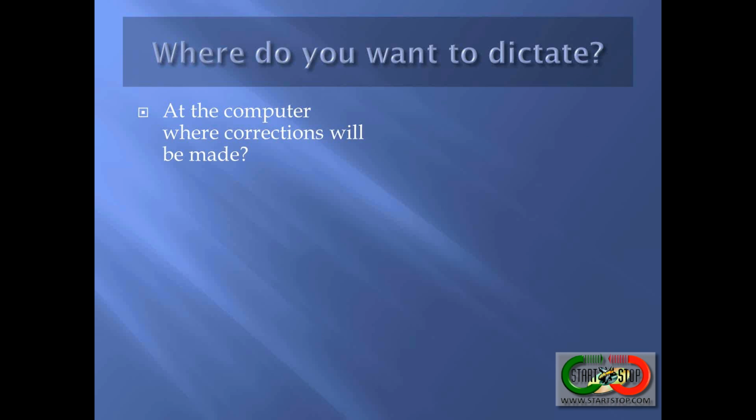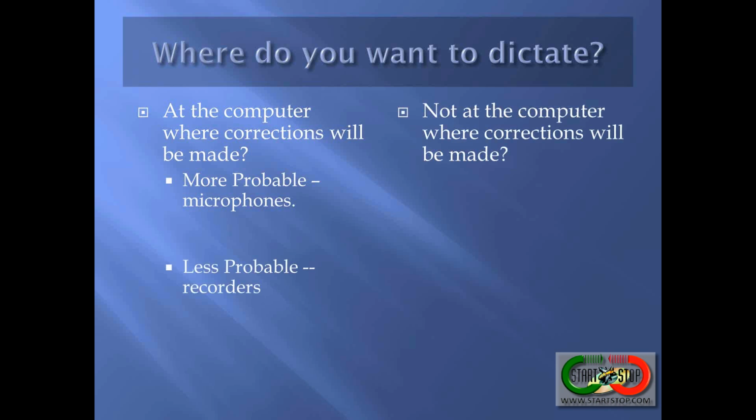If you do, then the more probable choice would be one of the microphones. It doesn't make a lot of sense to dictate into a digital voice recorder if you're going to be sitting right at that machine right then. So the more probable choice would be the microphone. The less probable would be the recorder.